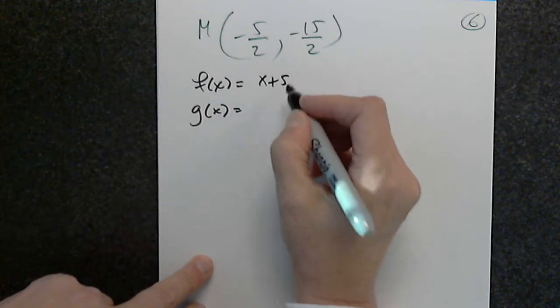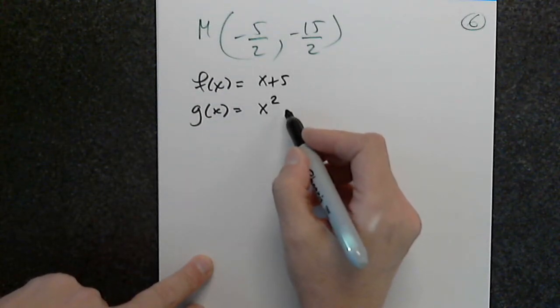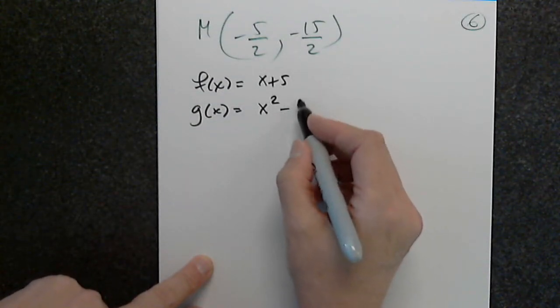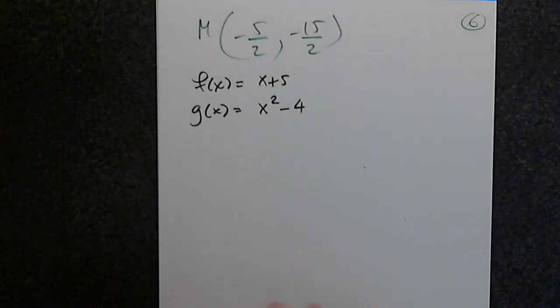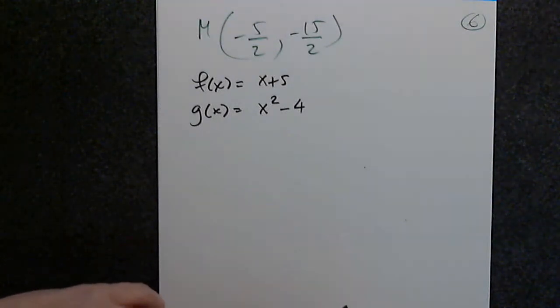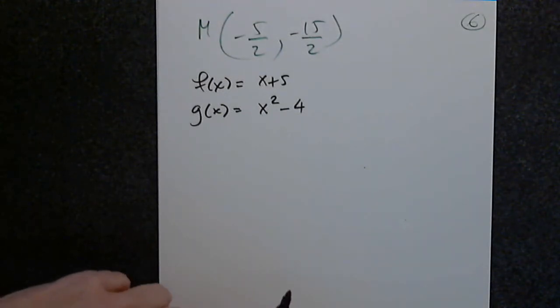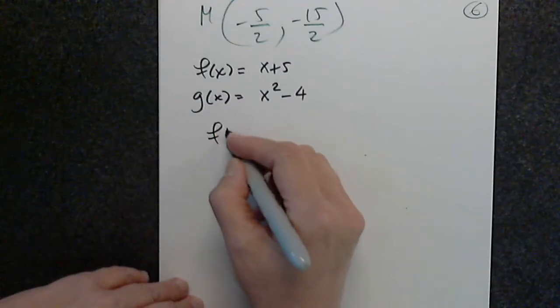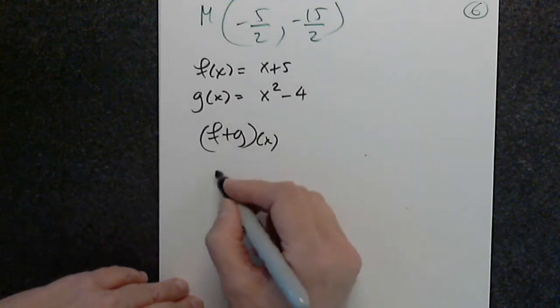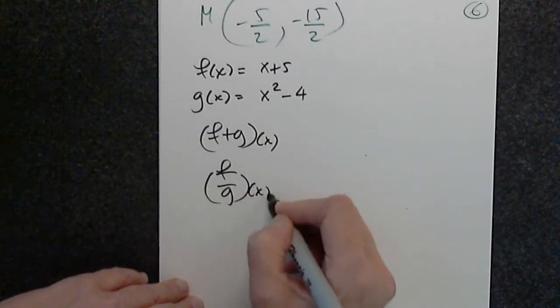Okay. And x squared minus 4, so we can factor. Good. So what do we want? We want the sum, we want the difference, we want the product, we want the ratio. The sum and the ratio. Excellent. Good pick.